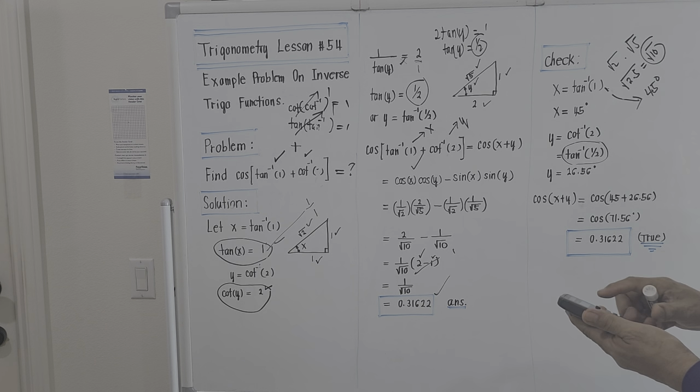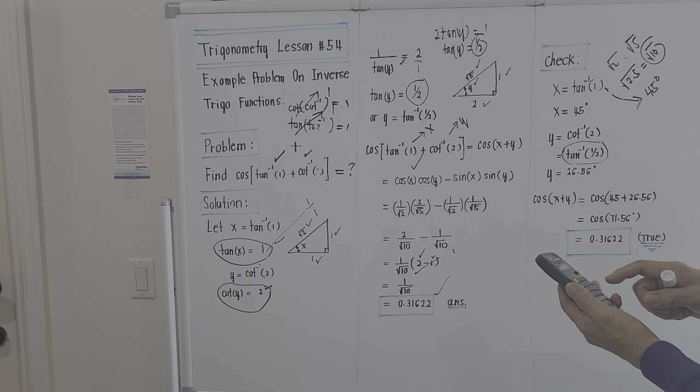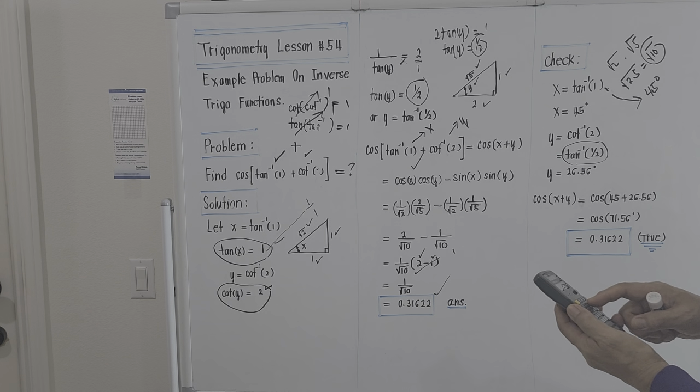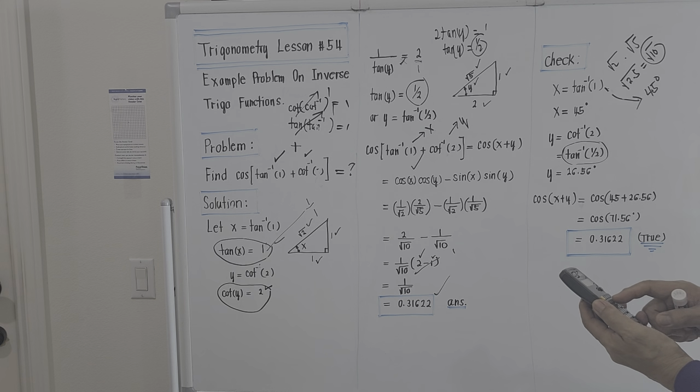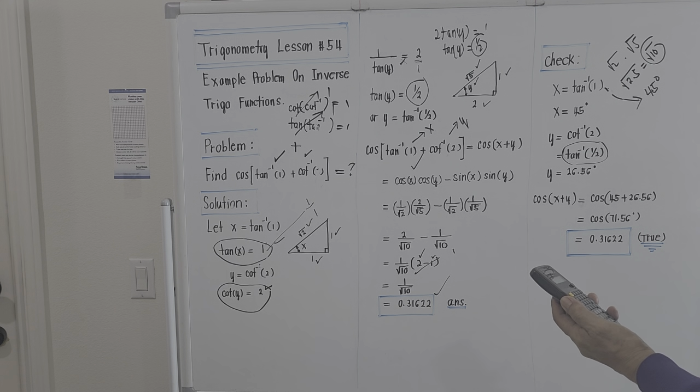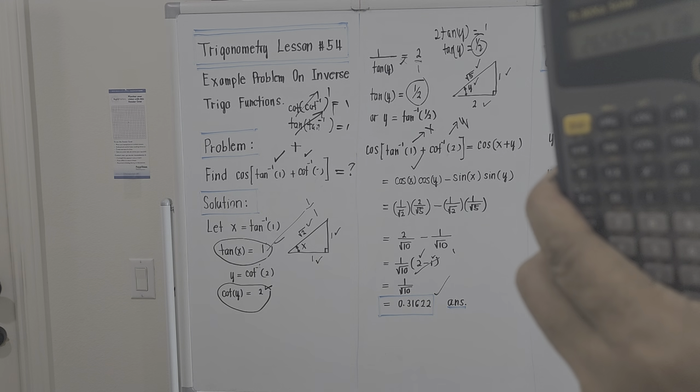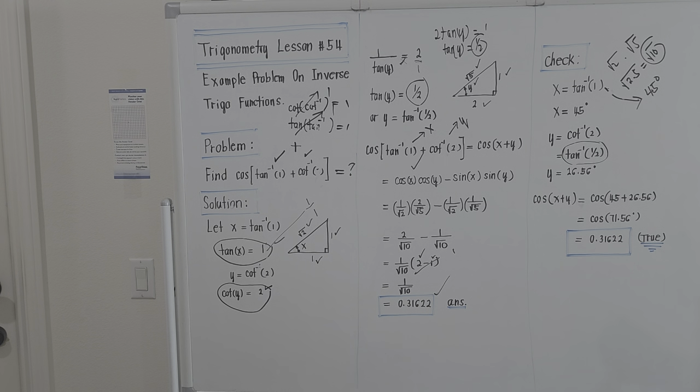What is 1/2? It is 0.5. Then second function, tangent. Since it is 1/2, the angle should be less than 45 degrees. This is 26.56 degrees. So the second angle here is actually plus 26.56 degrees.